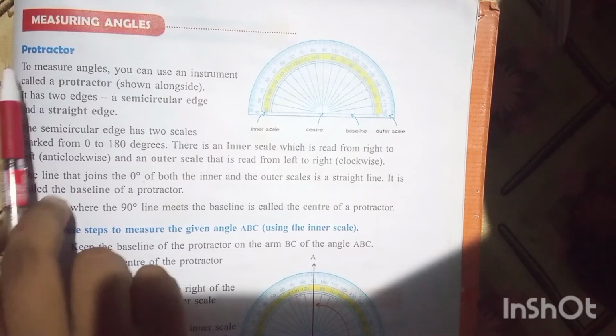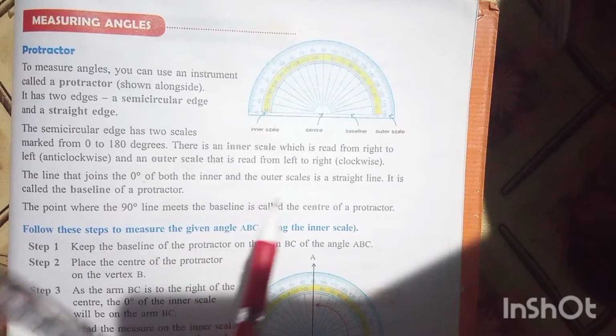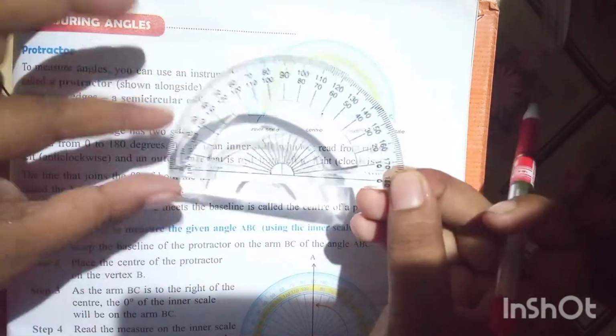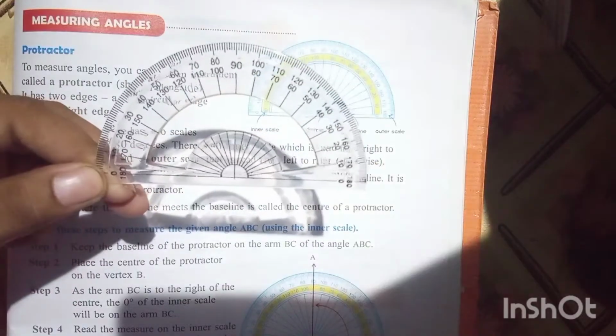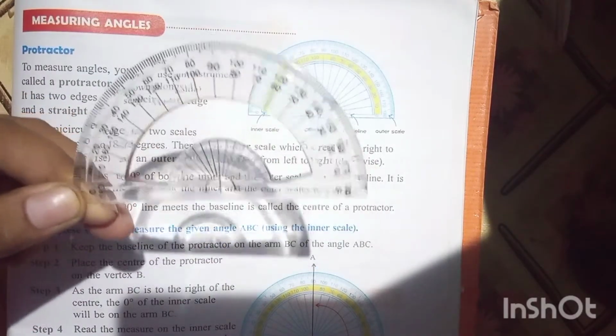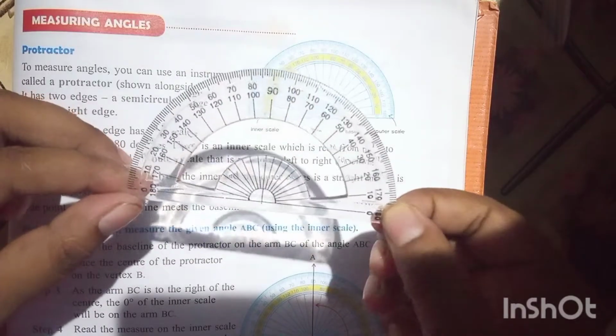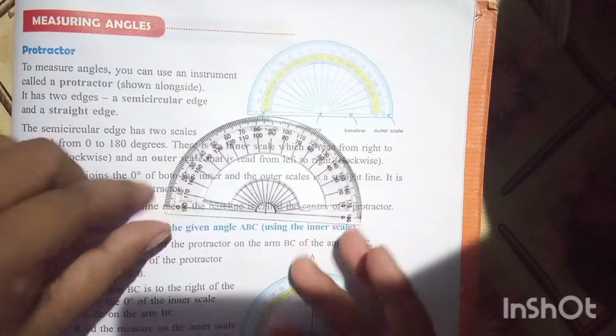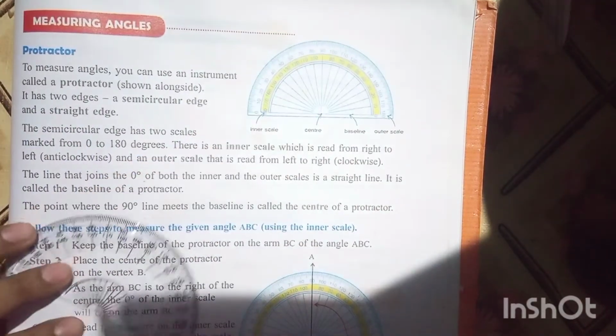Now we are going to learn measuring angles. This instrument is called a protractor. You will get this instrument in your geometry box, and if you don't have one, please get one.